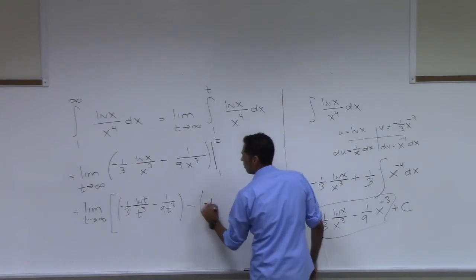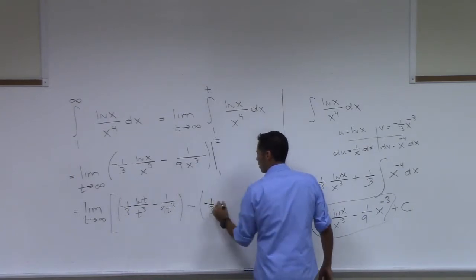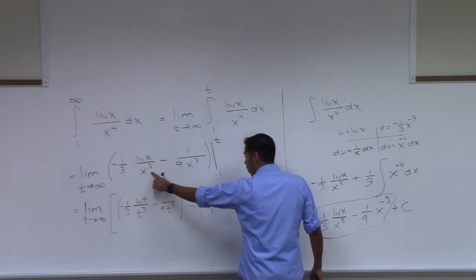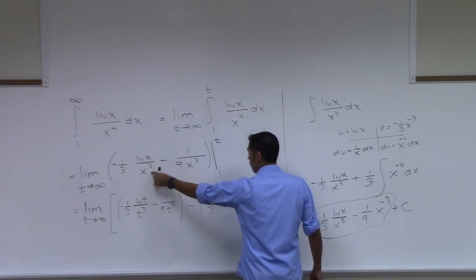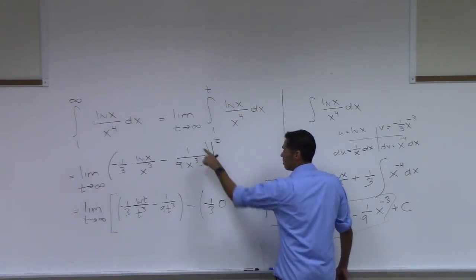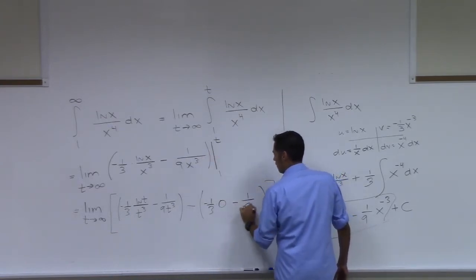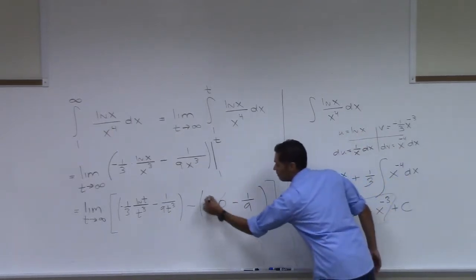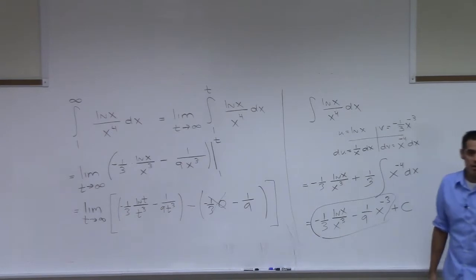Negative 1/3 natural log of 1, 0. 0 over 1 is 0. And then when we plug in 1 here, we get minus 1/9. So this is going to go away, but we do have a minus 1/9 in there.